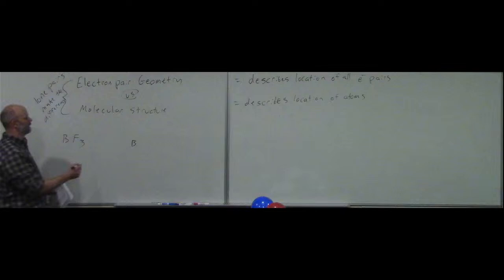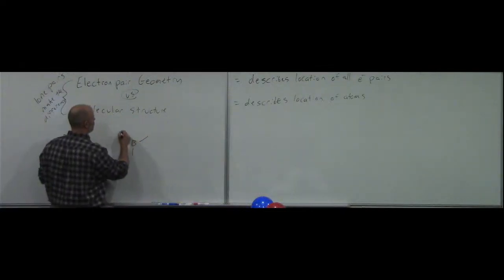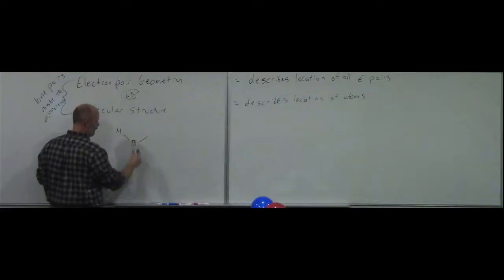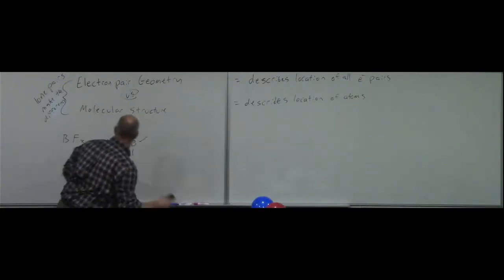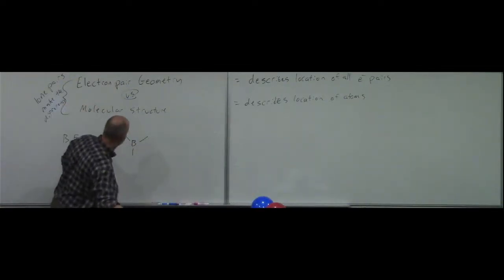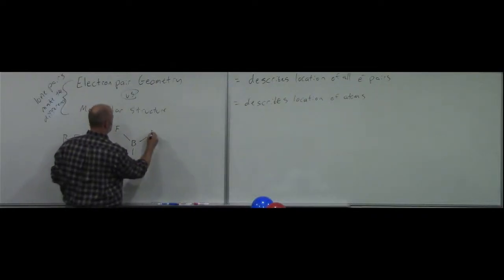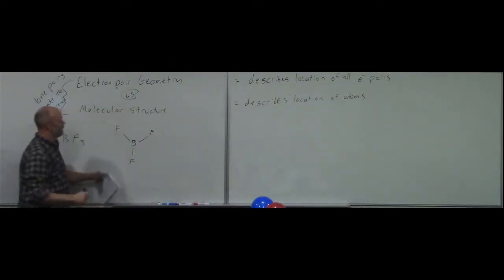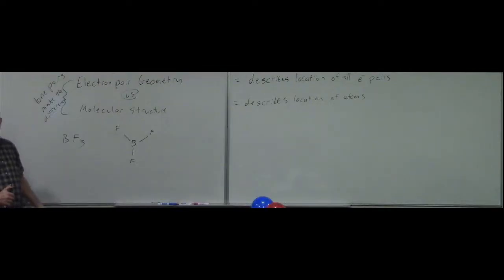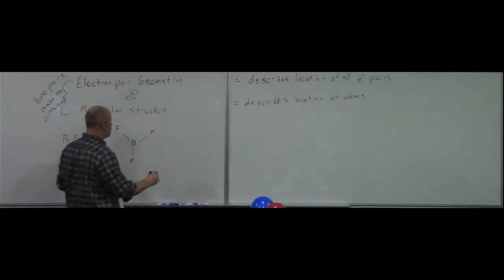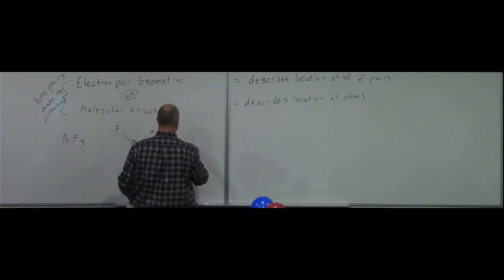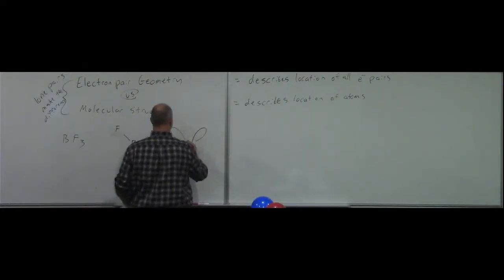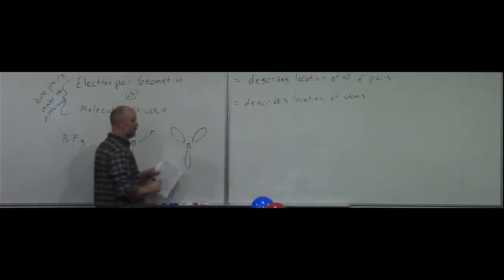Yeah, it's just going to do this. That's what it looks like as a molecule. If I'm worried about where the electron pairs are, well, it's going to look like this, also trigonal planar.